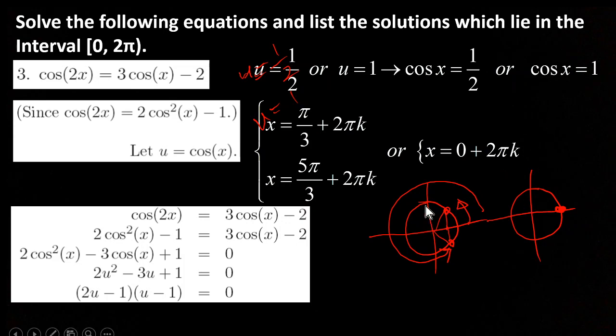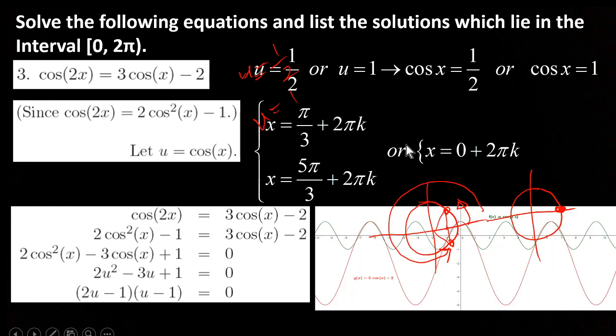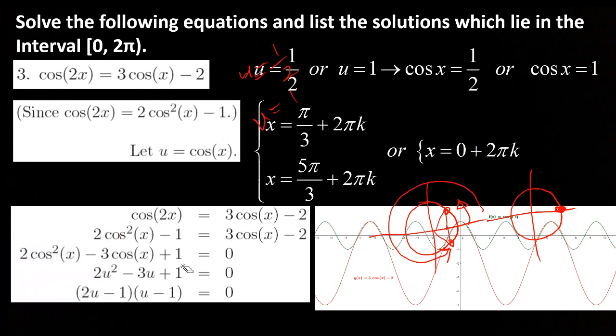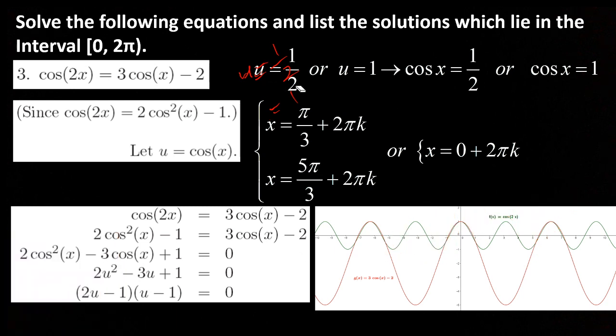And then from this equation, we get 2. And all of those are solutions. If you want from 0 to 2 pi, you just pick k equal to 0, and you can pick the ones that are in 0 to 2 pi. All right.